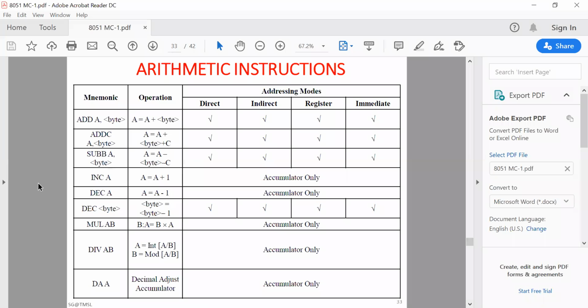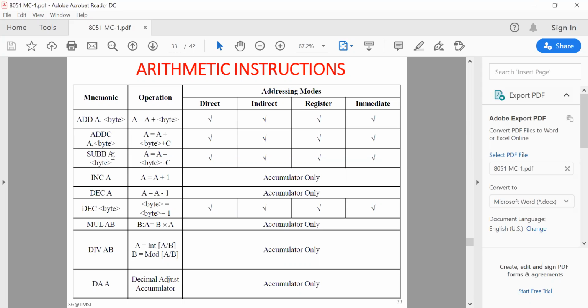Next, the arithmetic instructions. Different arithmetic instructions are available: add, sub, increment, decrement, multiplication, division, decimal adjust accumulator. So here are the instructions like ADD A comma any byte can be given, 01, 02, that's all, using hash, or ADDC A, any byte can be given, that means add with carry.